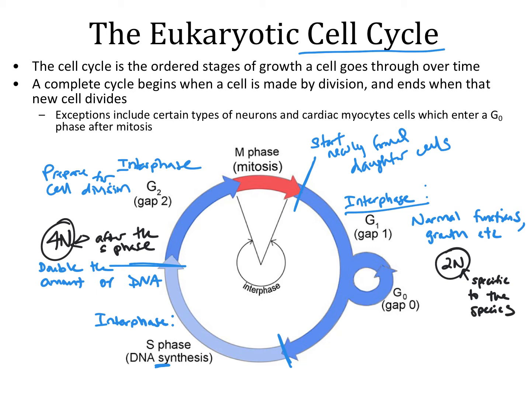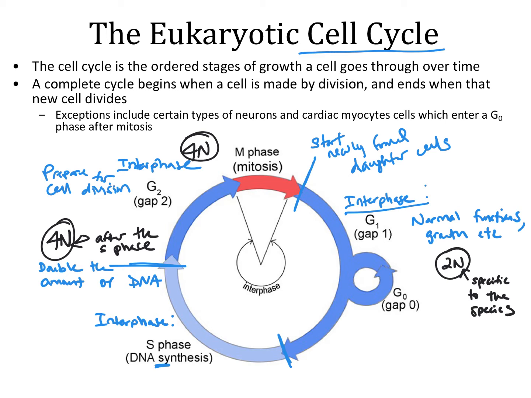So during the gap 2 phase, while we are preparing for cell division, did I say anything about additional DNA replication? Yes, no? Like look at does it say anything about additional DNA replication there? Okay, so if we had 4N when we started the G2 phase, but I haven't touched the DNA at all, what do I have at the end of G2? I still have 4N, nothing's changed, right?